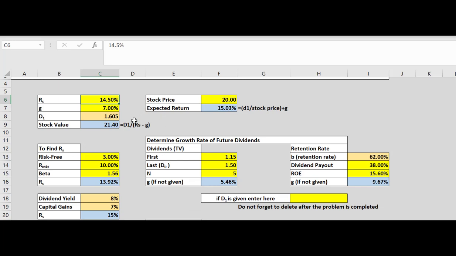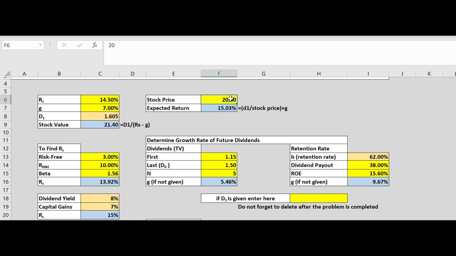So in this case, what we find is the value of this stock is $21.40. The current price of the stock is 20 bucks. Would you pay $20 to get something worth $21.40? Of course you would. You're getting a greater value than what you're paying.